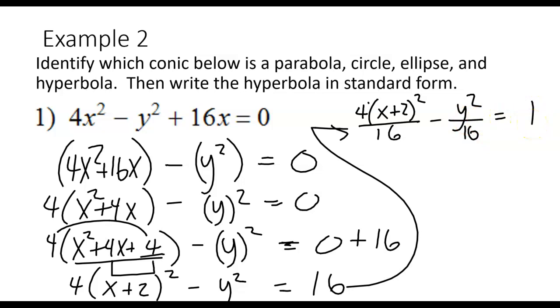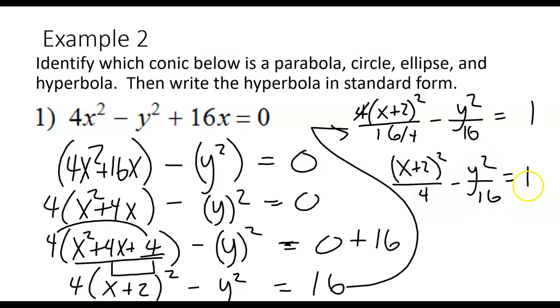And then finally, we could take this 4 and divide it into the bottom, and we get x plus 2 squared over 4 minus y squared over 16 equals 1. And there's our final answer there. So the steps are very similar to the steps that we would follow for the ellipses. I think I'll do one more example with you guys just to kind of drill it home.